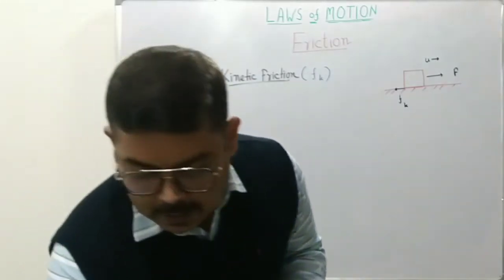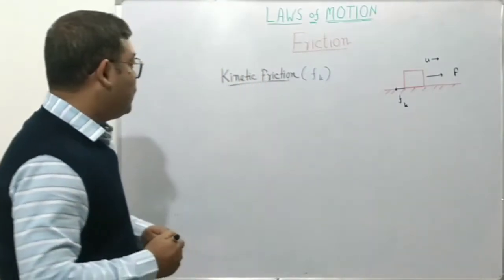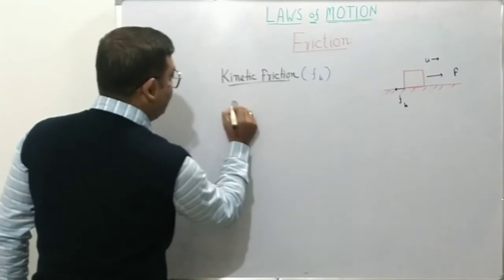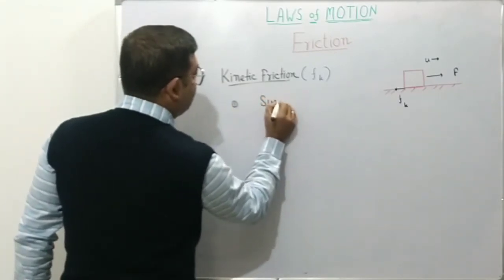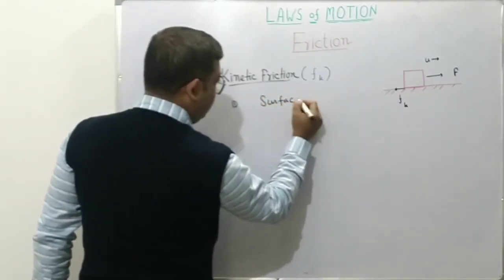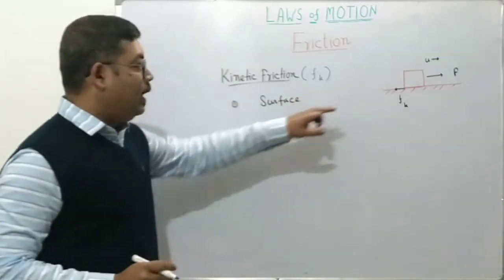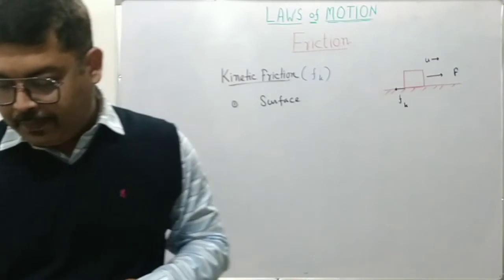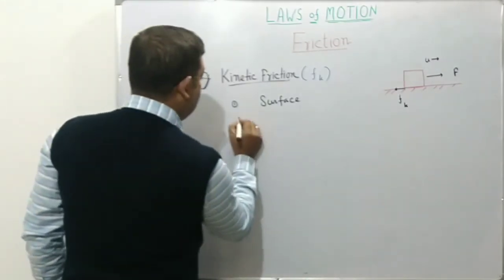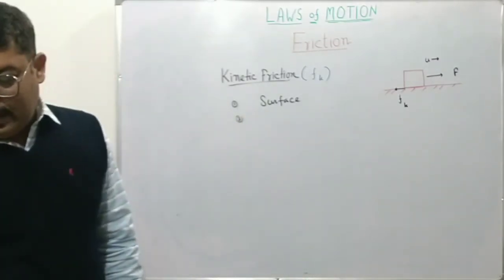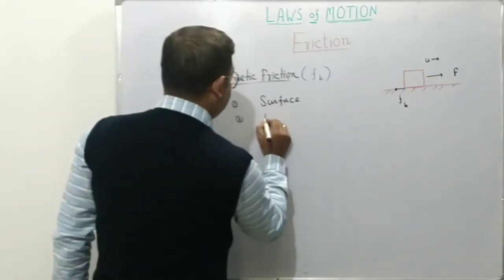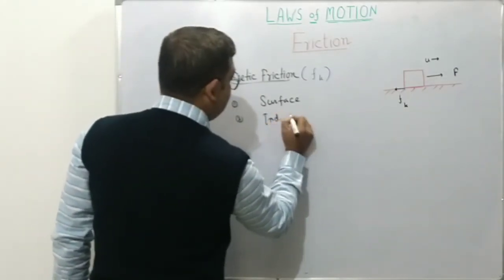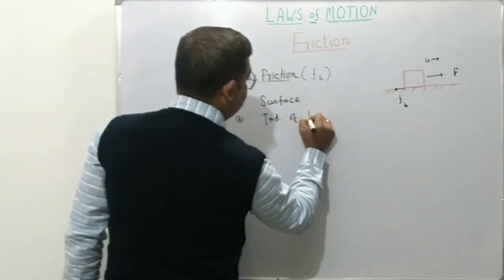Now, as far as its properties are concerned, it also depends on the surface in contact. Different surfaces will have different amounts of kinetic friction. Then, it also is independent of the area, as was the case with static friction.